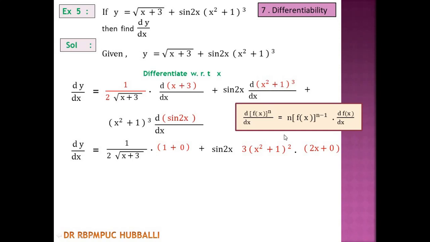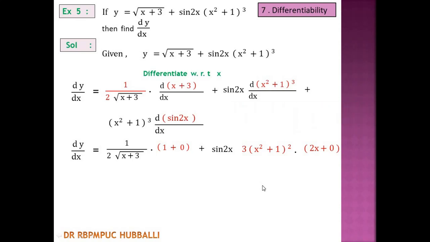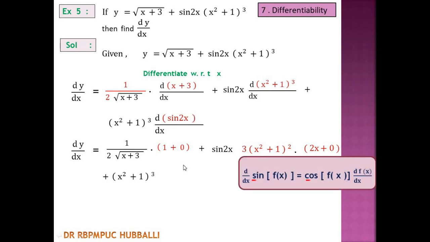Okay, once again I repeat, first n, that is 3, function as it is x square plus 1, take 1 less, that is 2, into d by dx of function, that is x square plus 1, and d by dx of x square plus 1 is nothing but 2x plus 0. Next continue, plus x square plus 1 whole cube as it is, and sine 2x derivative is cos 2x into 2. So this is derivative of sine 2x, composite rule.